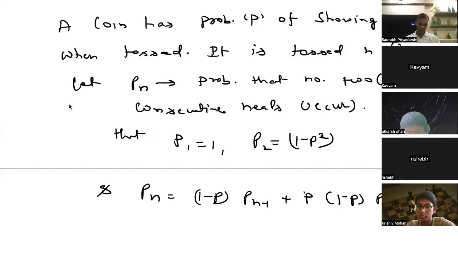So P1 is equal to 1, so the first toss is necessarily a head. Is it given or do we have to prove that? P1 is 1, you can prove it also.